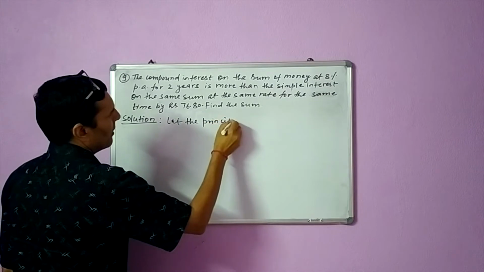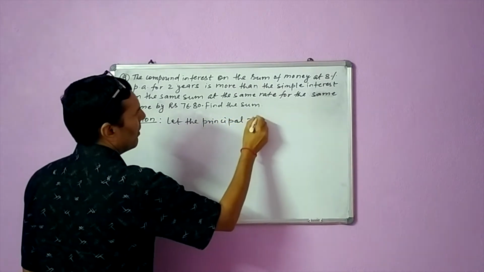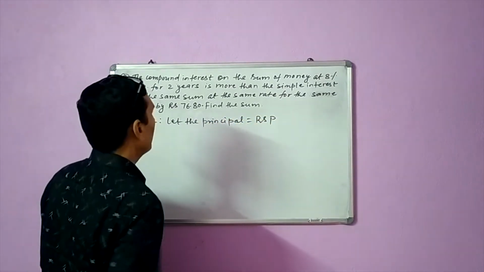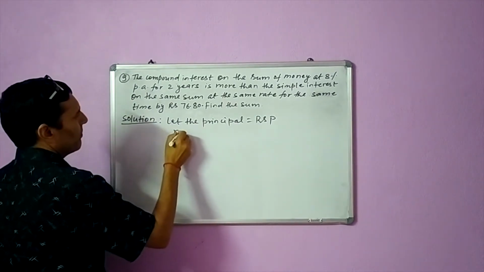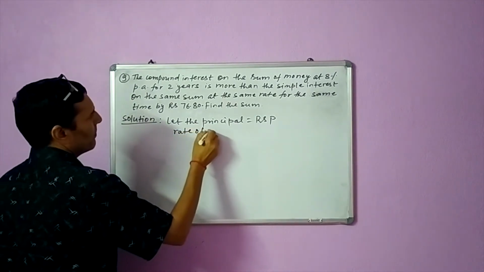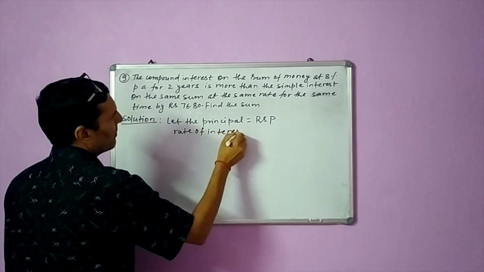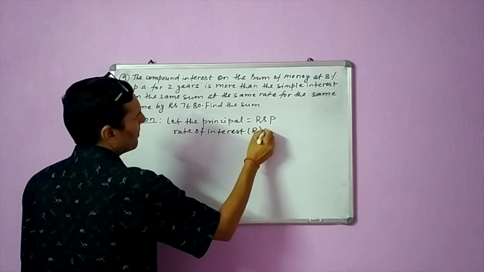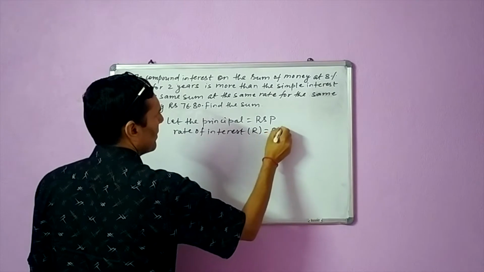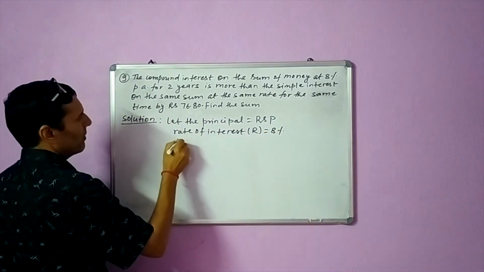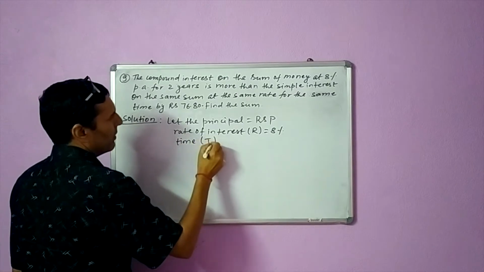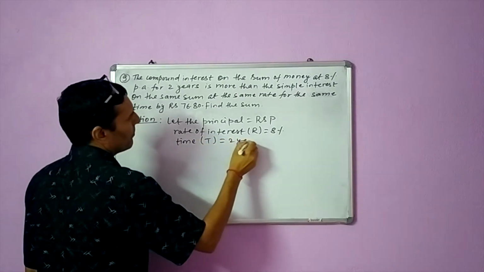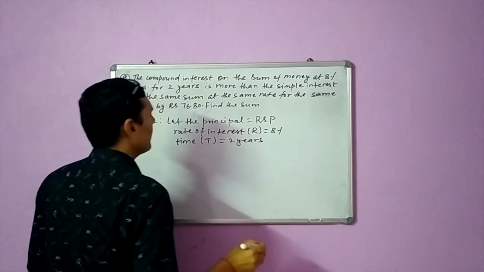Let the principal be rupees P, and rate of interest R is equal to 8%, and time T is equal to 2 years.